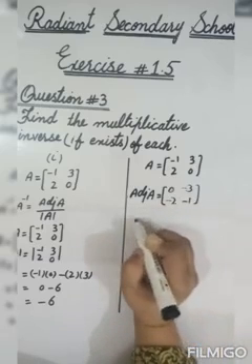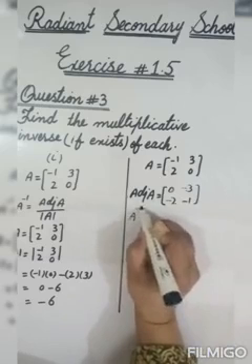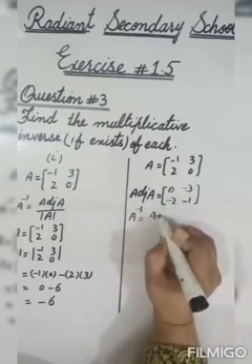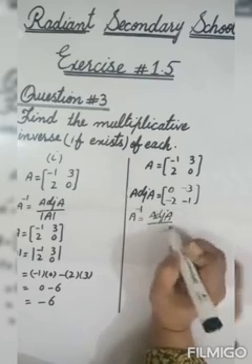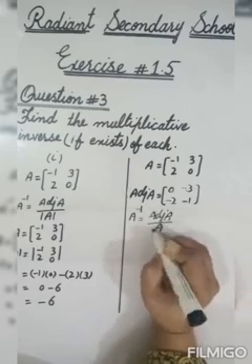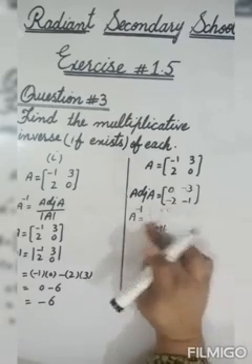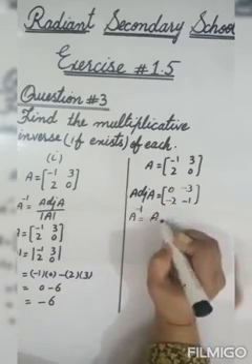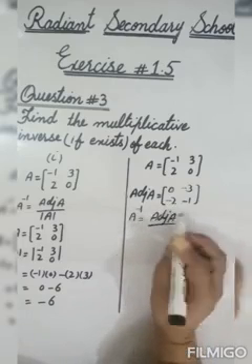Now I am writing the formula again: A inverse is equal to adjoint of A divided by A determinant.